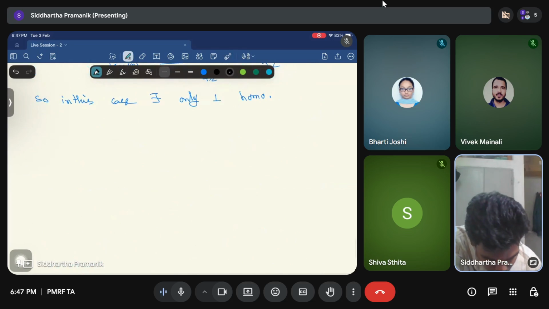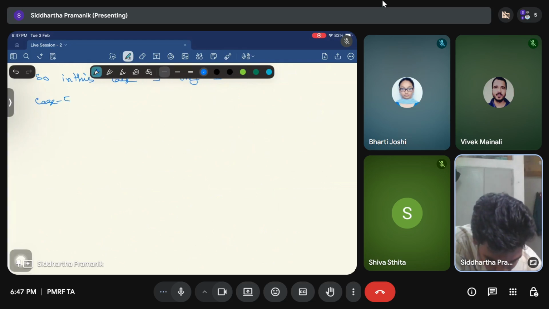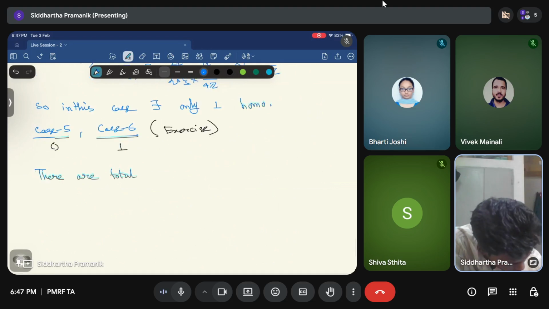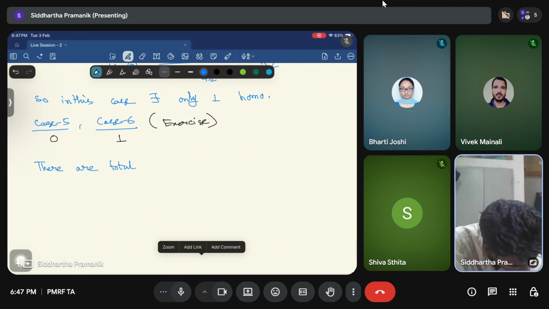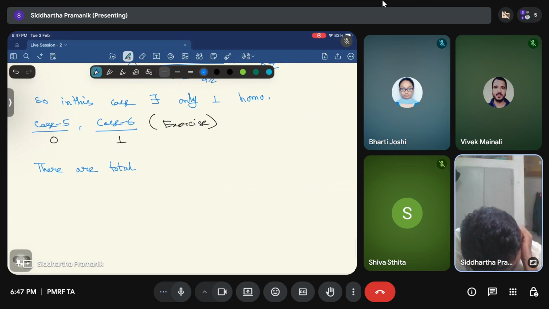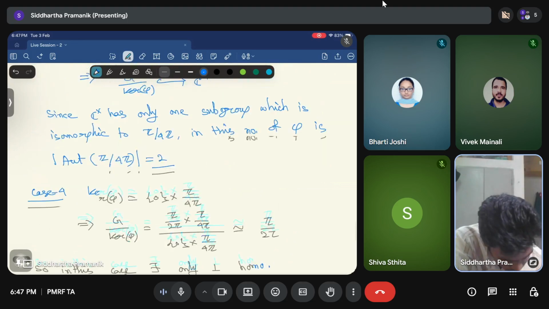So you just do the case 5 and case 6. These are exercises for you. Here you will get 0 and here 1. So there are total 5 homomorphisms.